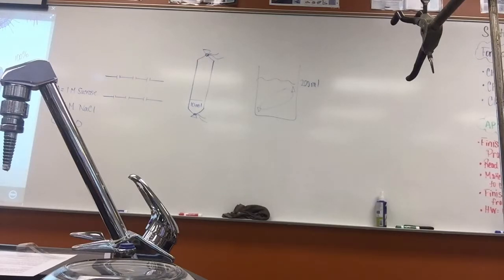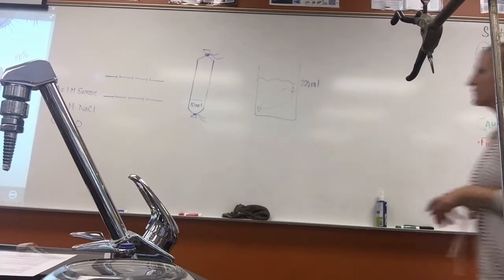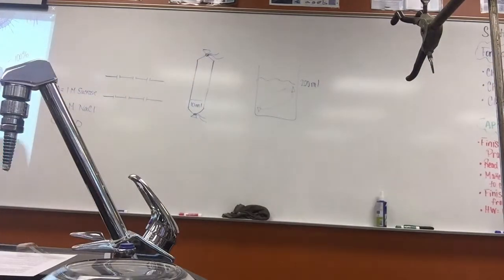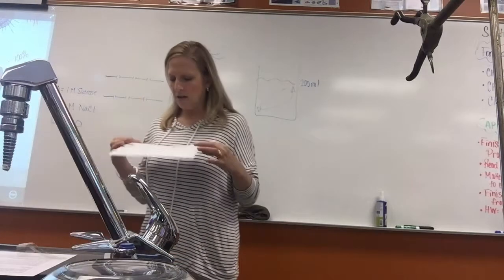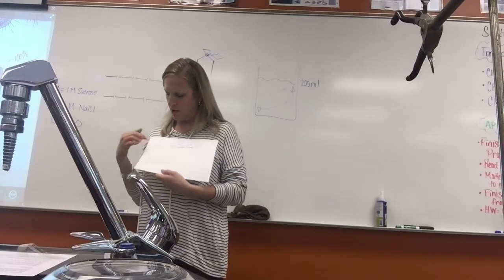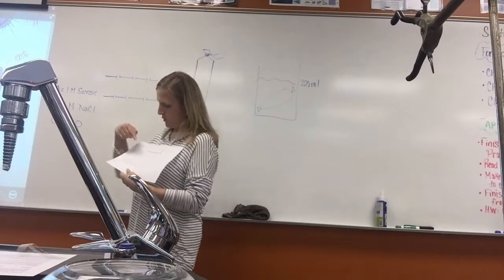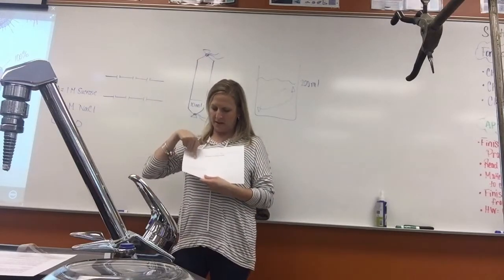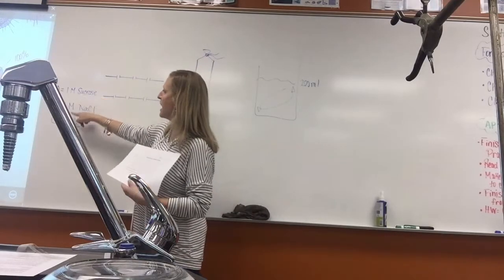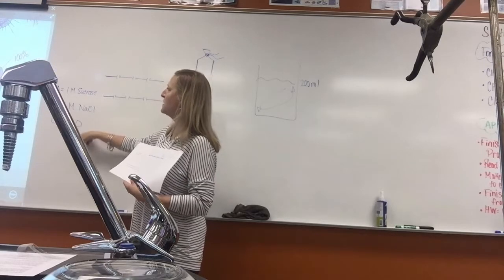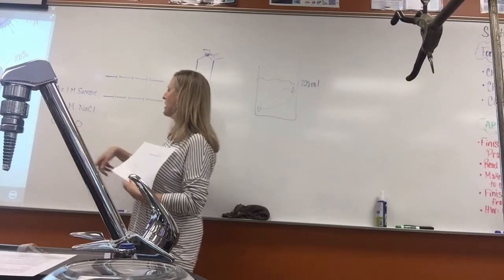So what I'm going to have us do now, so that's the background of it, is make some hypotheses. So look at this sheet here that says demonstration of dialysis tubing. Notice it says set up illustration. So you're going to have 3 setups, an A, B, and C. So this is the A, B, and C that I wrote up here: sucrose, sodium chloride, and water.